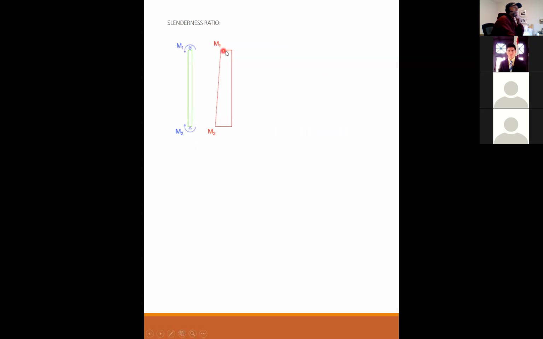The ratio M1 to M2 is positive for single curvature, and the ratio of M1 over M2 is negative for double curvature. And double curvature is actually much more common in the real world. I've come across single curvature fairly rarely. Double curvature is almost every day.